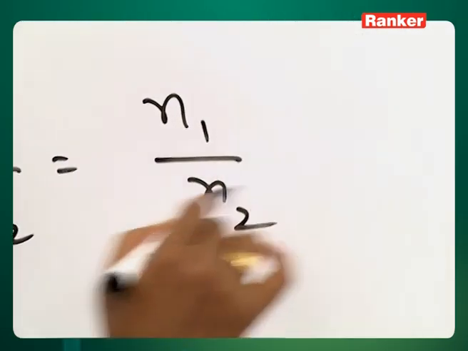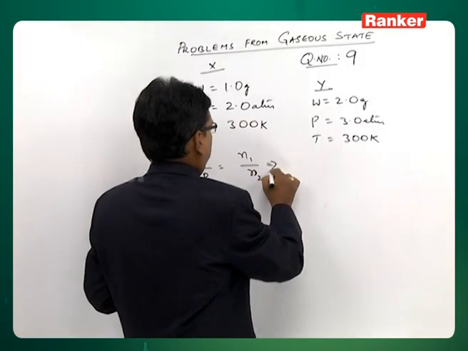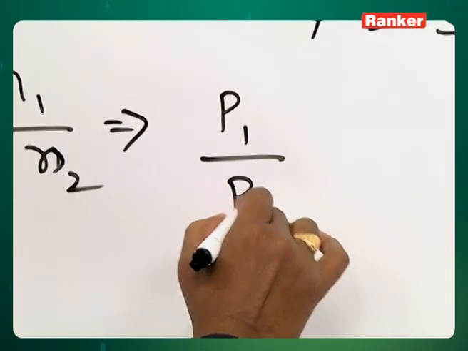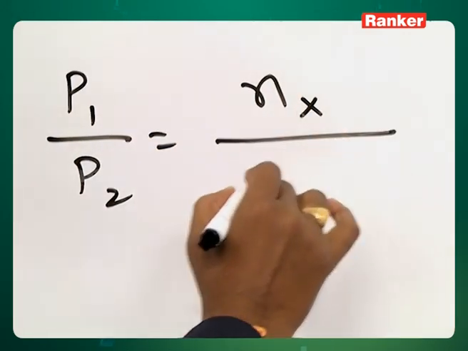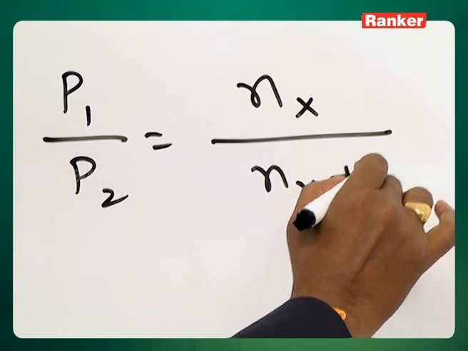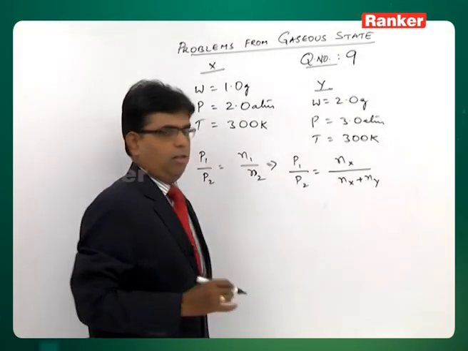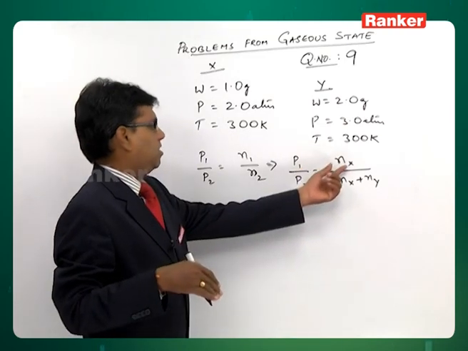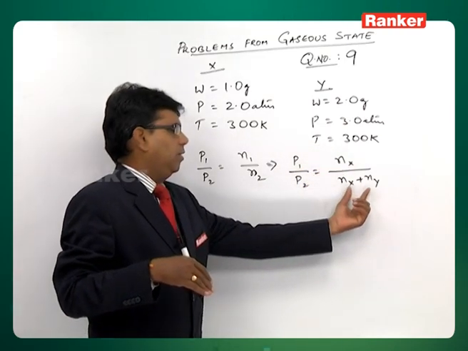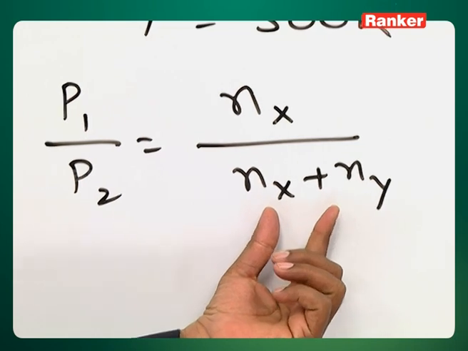Now, here P1 by P2 is equal to number of moles of X by number of moles of X plus number of moles of Y, because here 2 grams is added. Initially you have only gas X and then Y is added. So, it is Nx plus Ny.